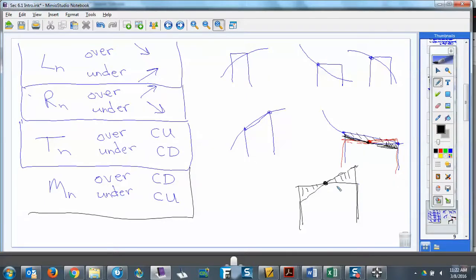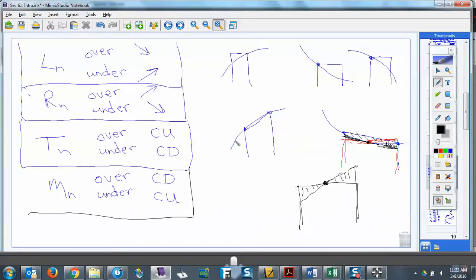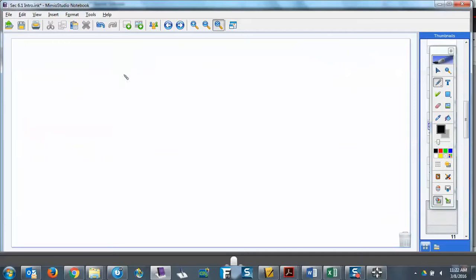So an example, it would give you a function that is concave. Let me give you a function that's increasing and concave up. And then it would give you something like this. Is that always true, might be true, must be true, or can't be true?